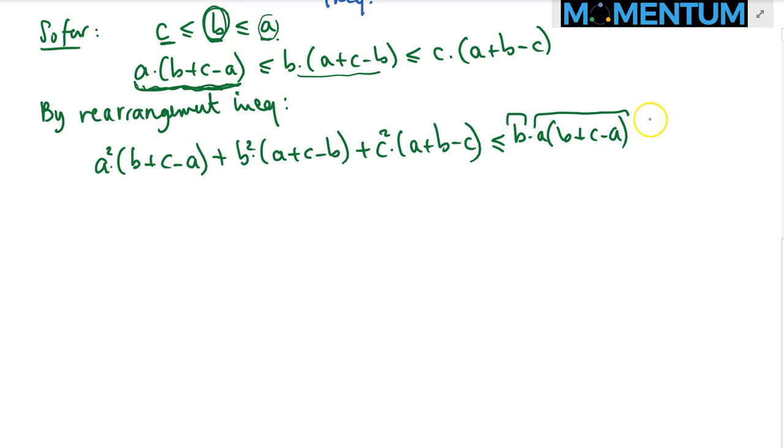Then I'll multiply the middle term with the middle term here, so plus C times A plus C minus B, and finally one more term. The largest one here will be multiplied with the largest one, plus A times C, A plus B minus C.